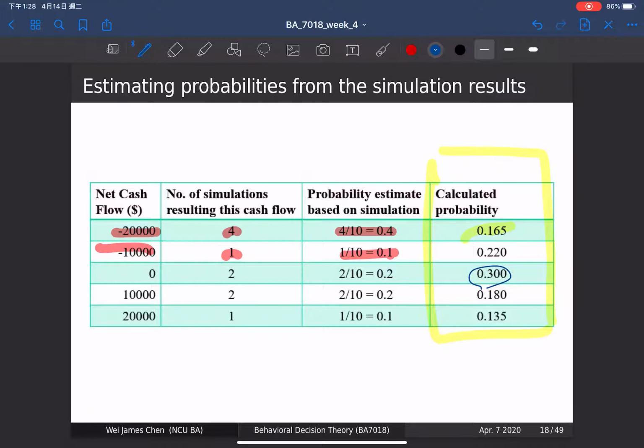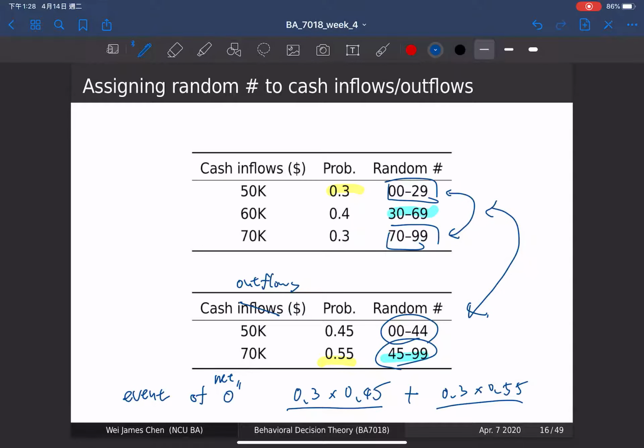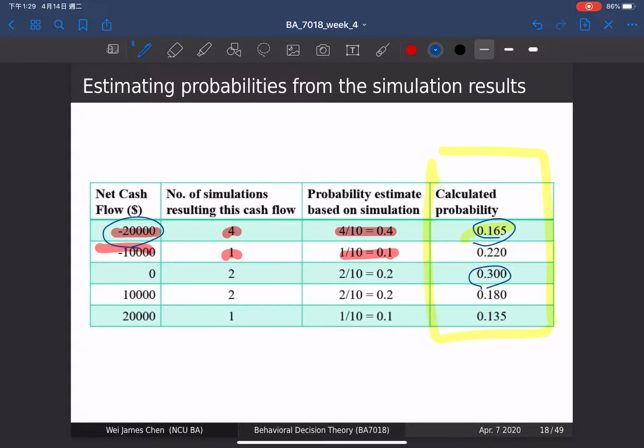The first one, this one. Okay, so that's minus 20K, right? The only possibility that you can get a net minus 20K is your cash inflow is 50K and your cash outflow is 70K, right? And so 0.3 times 0.55, that's going to be 0.165.